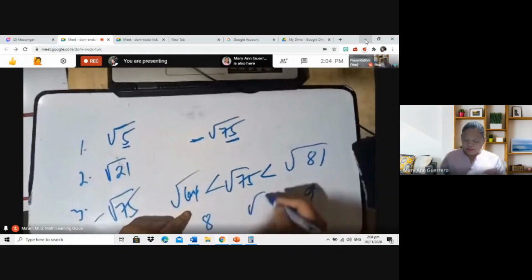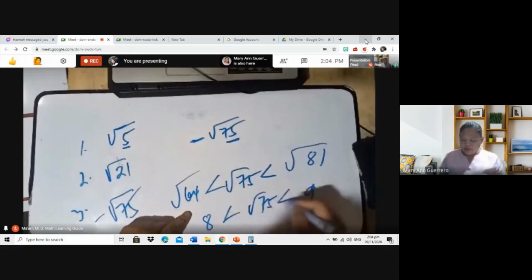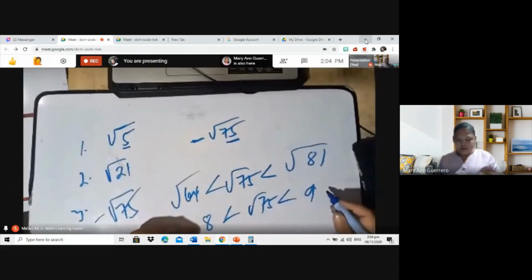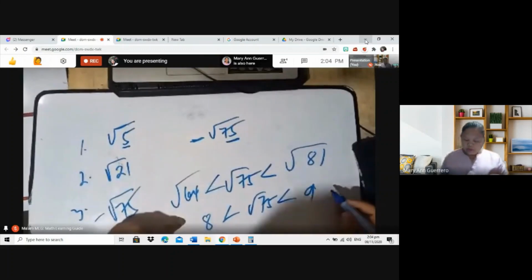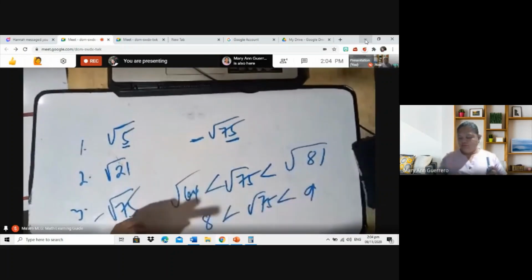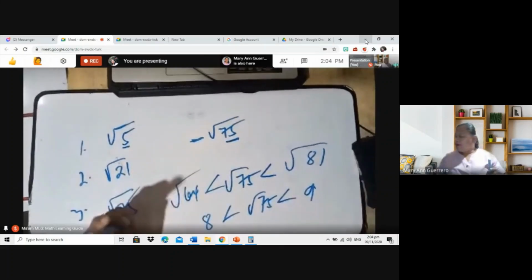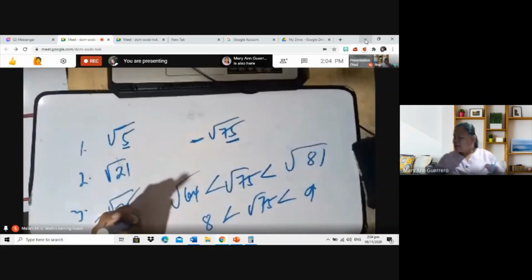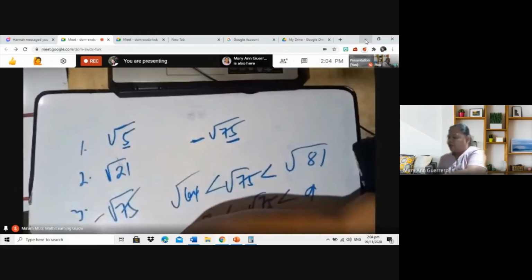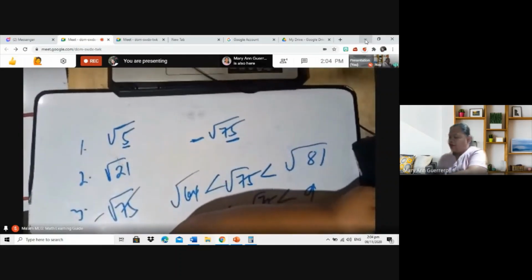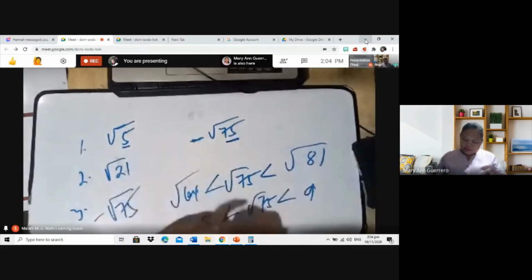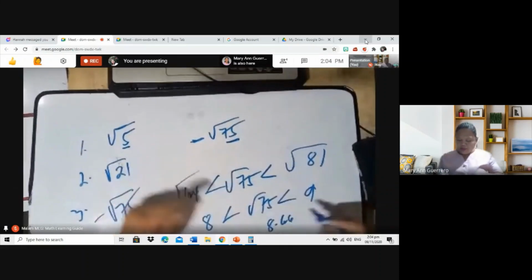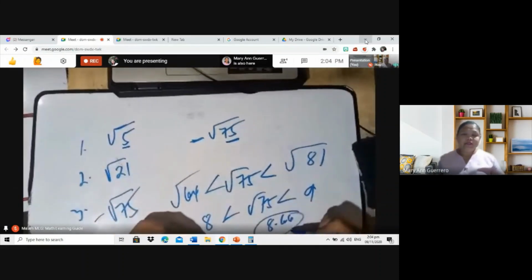Okay? So, that is between 8 and 9. So, square root of 75, kung kukuhanin natin si square root of 75 ay 8.66. So, tama ito. Square root of 75 is 8.66.